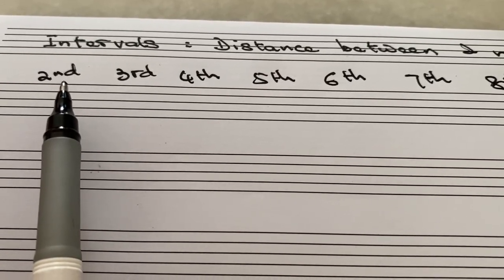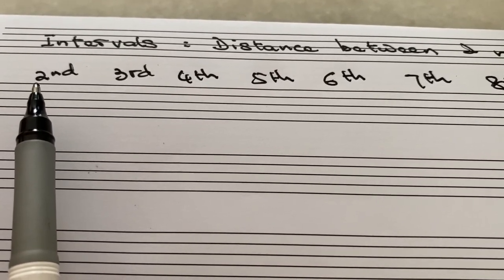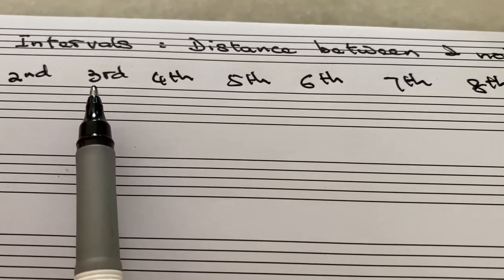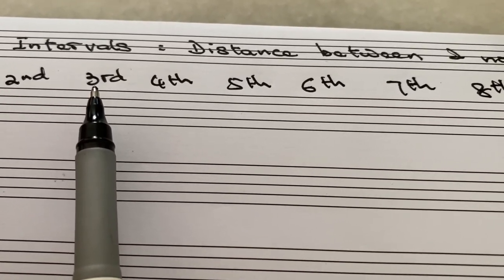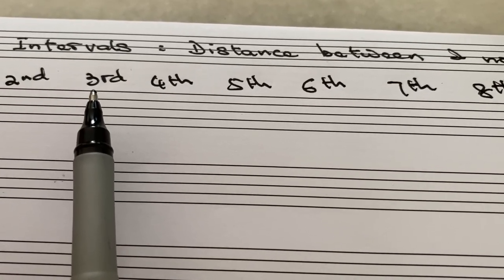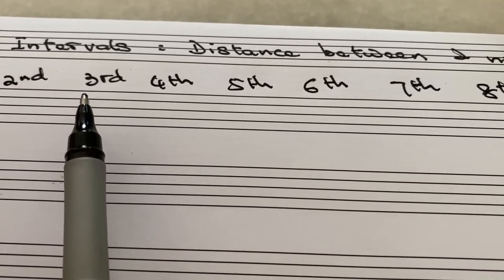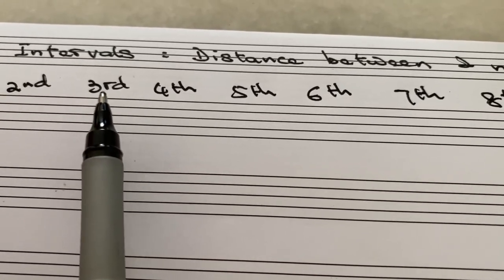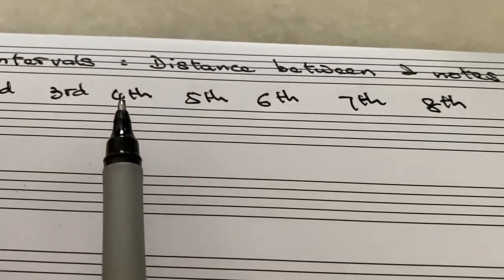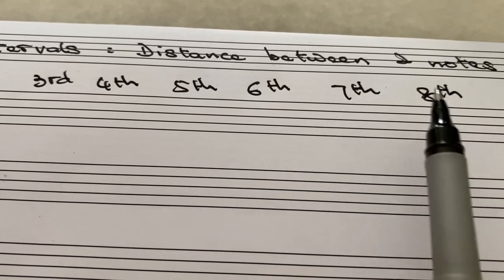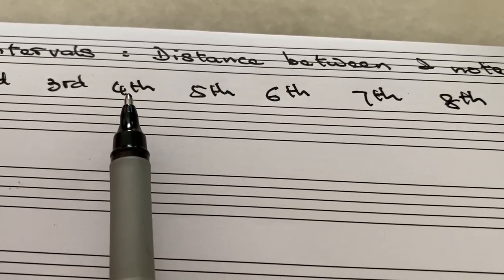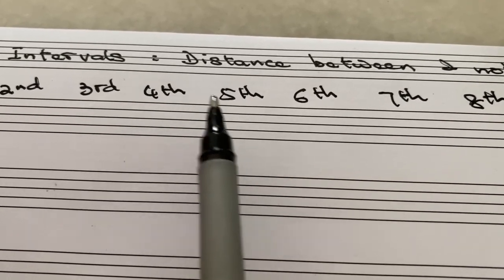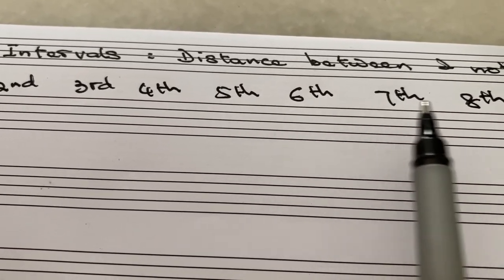Third, you take 3 and the last two letters of T-H-I-R-D, so R-D, and add it to 3. For fourth, fifth, sixth, seventh, eighth, you take the number and end with TH next to the number.